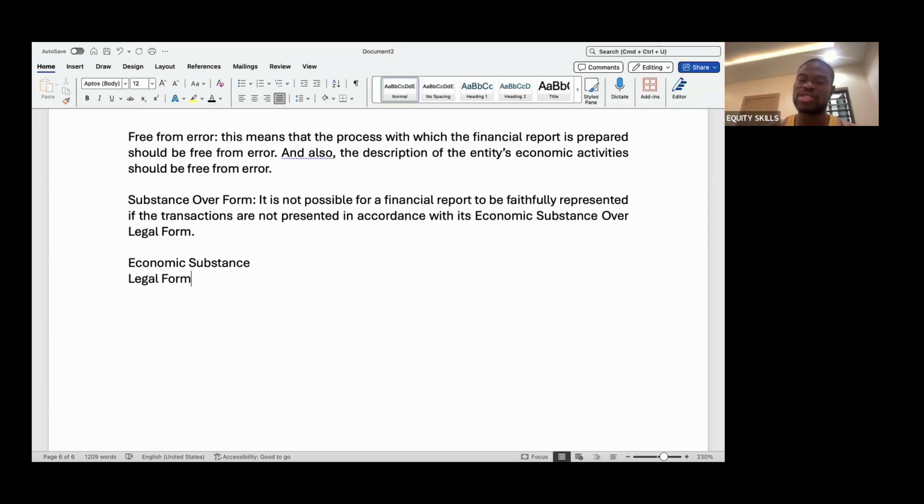So what the conceptual framework is saying here is this: stay with the economic substance. We follow economic reality. We follow financial reality. Even though the asset is not your own, the asset is making money for you. So put it in your books as your asset. Recognize it in the books, even though it is not your own, because that's the economic reality. It's making money for you, right?